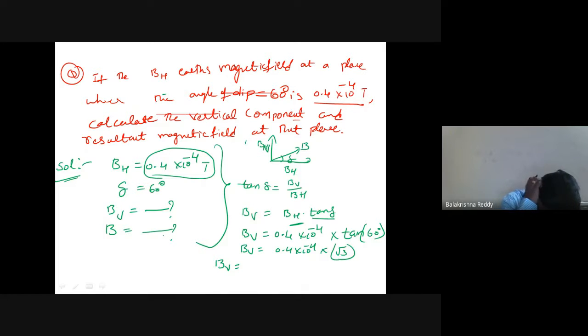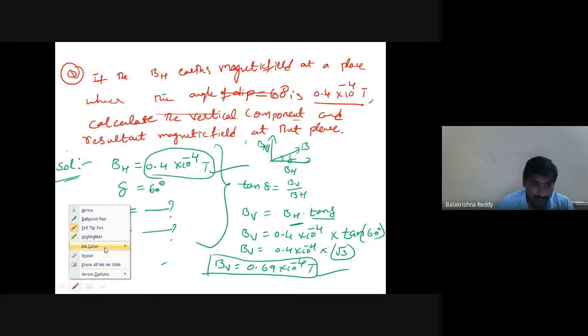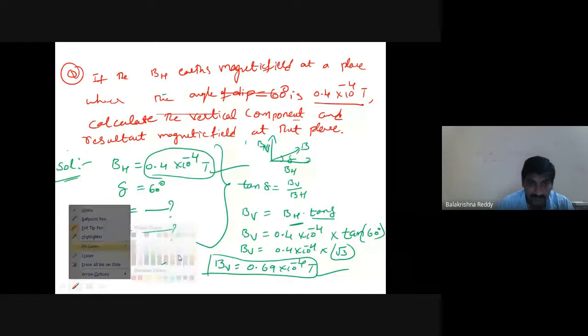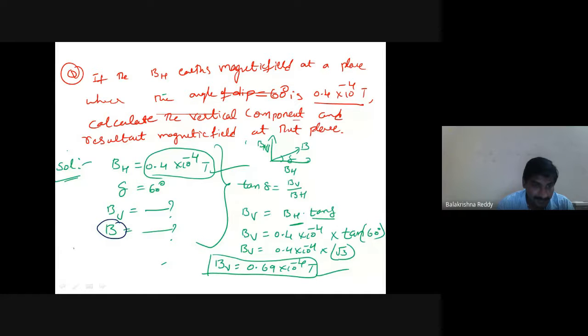So 0.69 into 10 to the power minus 4 Tesla. This is the vertical component. Now we know the vertical component and the horizontal component. The question asks one more thing: the resultant magnetic field.